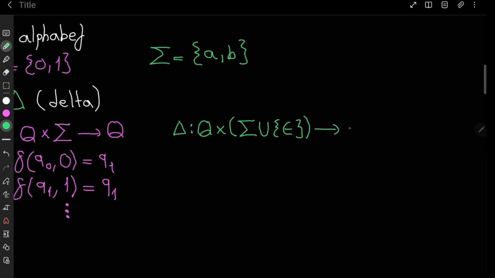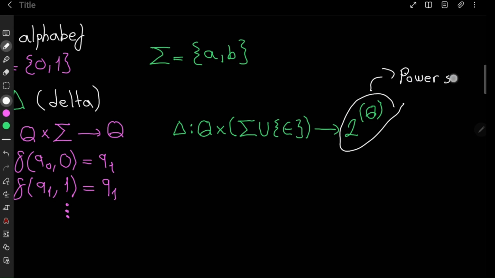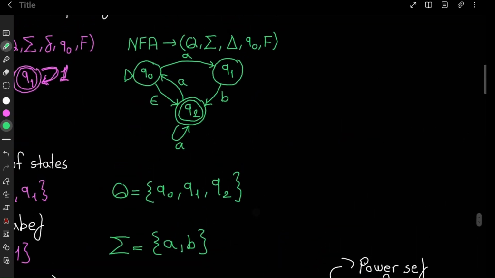And it gives multiple next states, which we should show like that. It's a representation of the power set. Let's write it with another color. Power set of Q.